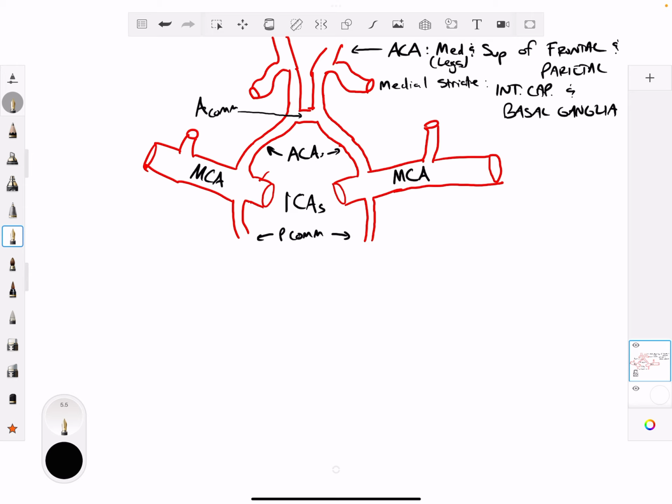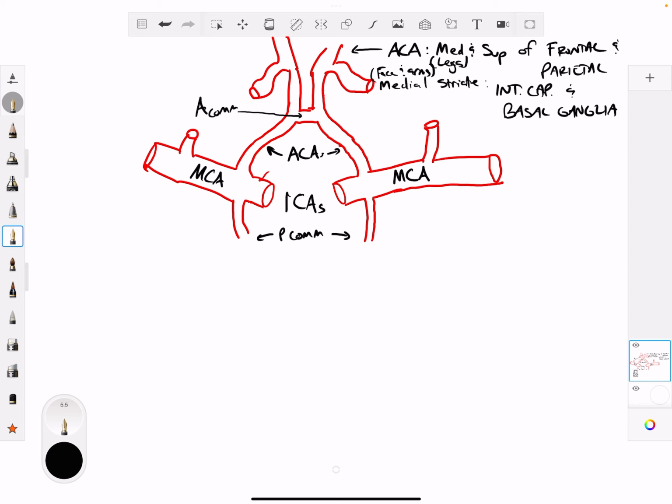But the medial striate arteries serve the portions of the basal ganglia that deal with the face and arms. So if we included the whole darned anterior cerebral artery, including the deep division, we hit the face, arm, and legs.